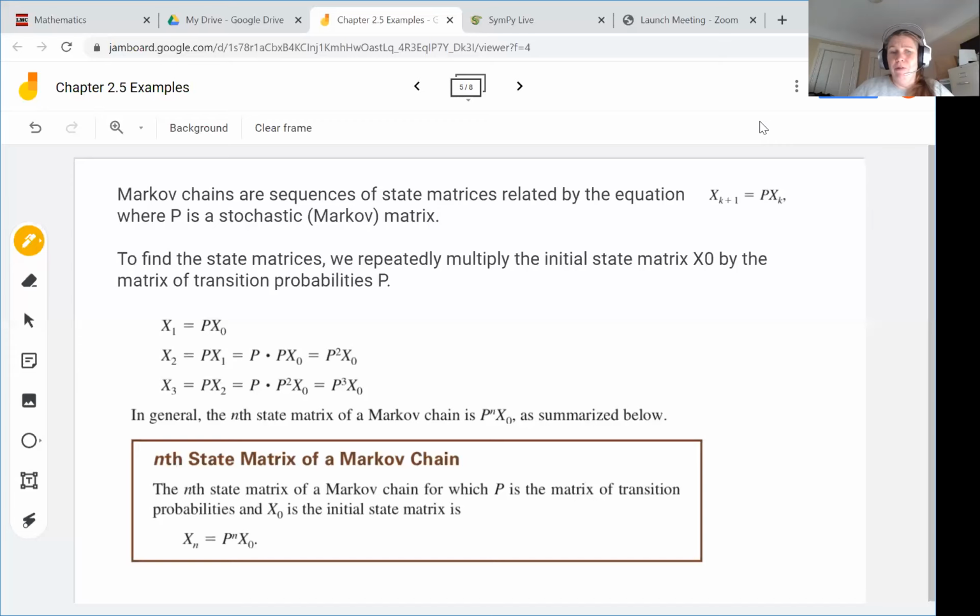So in general, we've said the nth state matrix of a Markov chain is P to the n power times x naught, which we summarized as x subscript n equals P to the n power times x naught, where x naught is the initial state matrix.